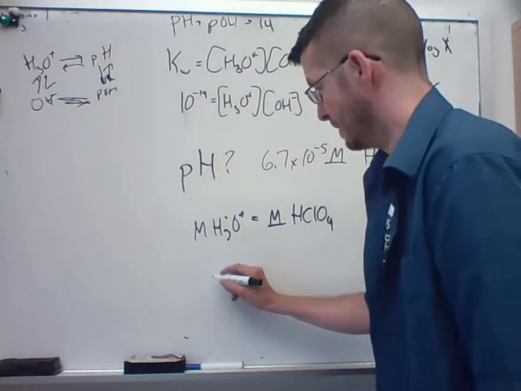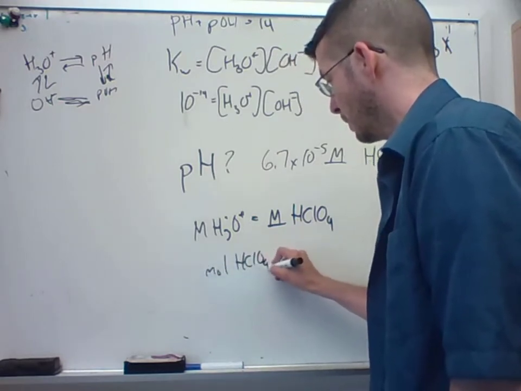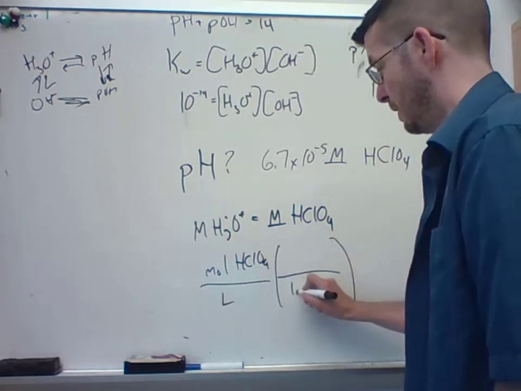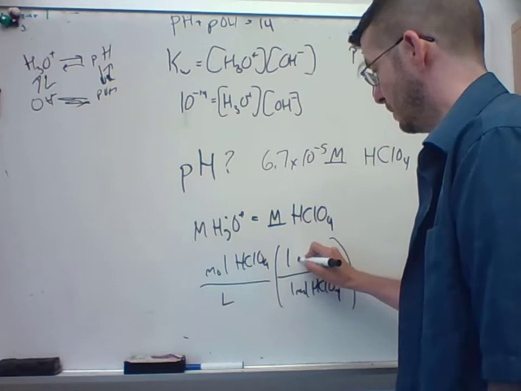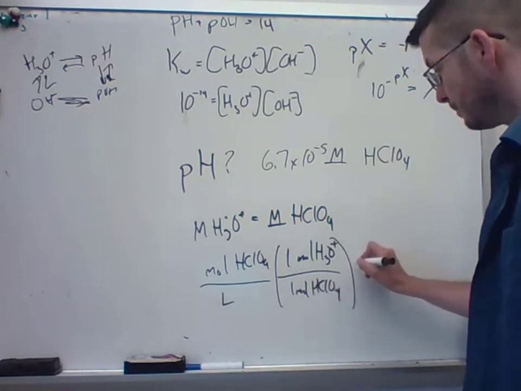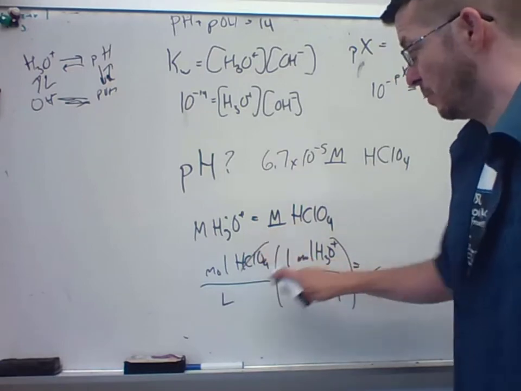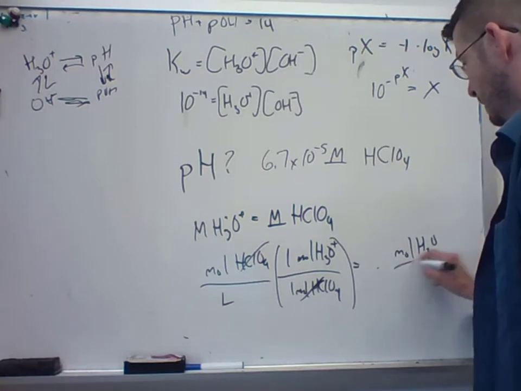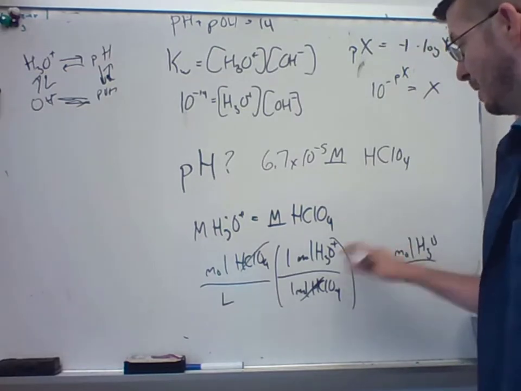Another way of thinking about this is the definition of molarity, moles of HClO4 over liters of solution, and we know that for every 1 mole of HClO4, that will release 1 mole of H3O+. The units cancel, leaving us moles of H3O+ over liters, and you see that this is a 1-to-1 relationship, and so these two numbers are equal.